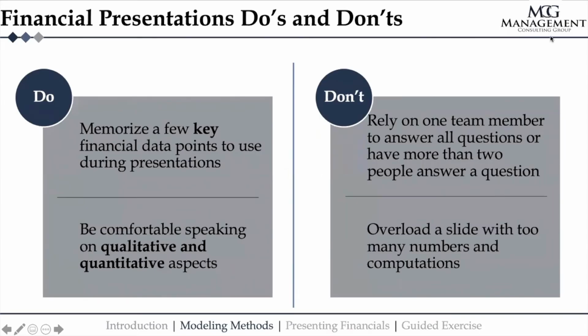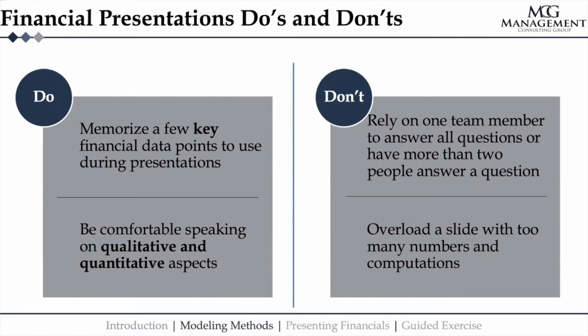So moving into some financial presentation do's and don'ts, there are a couple of things that you're going to want to keep in mind when you are presenting and conducting your analysis for your case. A couple of things is to make sure that you're memorizing a few key data points and you're able to use them during your presentations. This is because you really want to highlight how these recommendations are impacting the firm and really solving the problem.